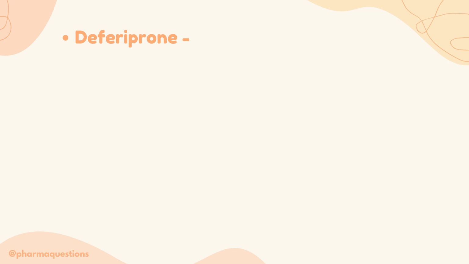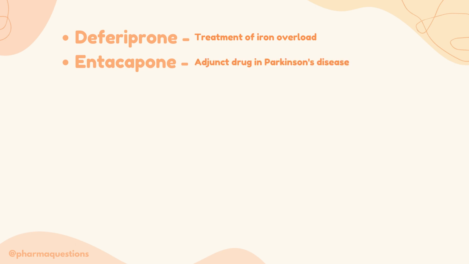The next three drugs we'll be looking at are deferiprone, which is used to treat iron overload, entacapone, which is used as an adjunct with other drugs in the treatment of Parkinson's disease, and clofazimine, which is used to treat leprosy or complications of leprosy.